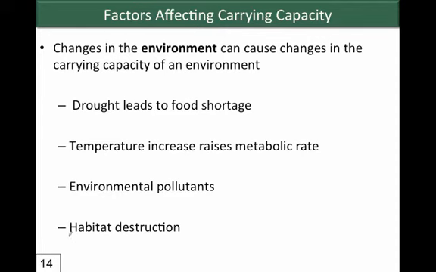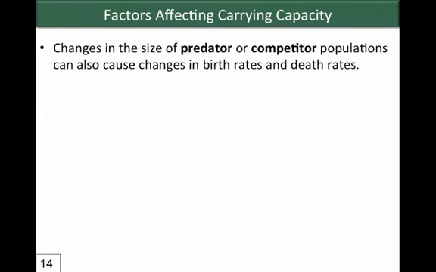Habitat destruction is probably the biggest thing, and by and large, this is something we humans are doing to a lot of these populations by destroying their habitats. In addition, we have changes in the size of predator or competitor populations. So if there are two competitors, they're different populations, but they're competing for the same resources. It could be that one is a little bit better at that, so that's going to affect the carrying capacity.